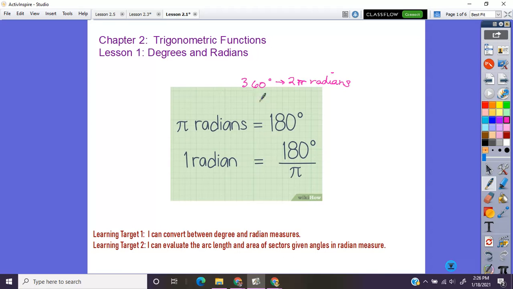Which means that half of 360 degrees, or 180, would convert to half of 2 pi, or just pi. That means 1 radian is the same as 180 degrees divided by pi, or about 57.3 degrees. So every radian is about 57.3 degrees.